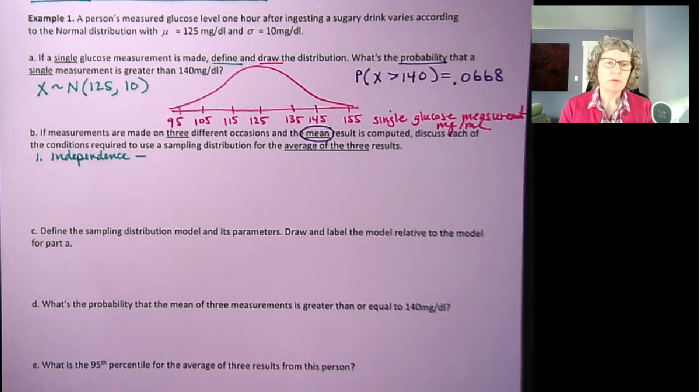Or in other words, what would we need for those measurements to be independent? I don't think you could take one right after another, because then not much would have changed, right? So what's important in this case is that we would take them on 3 different occasions, so maybe different times, different days. That's what would be important.